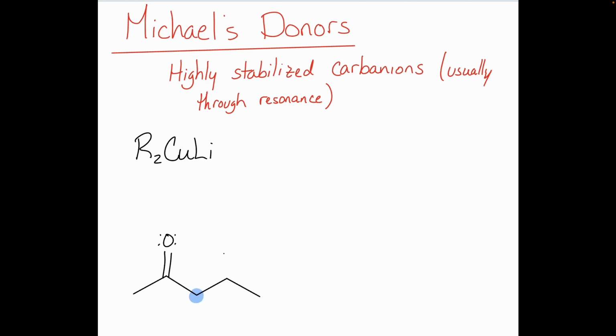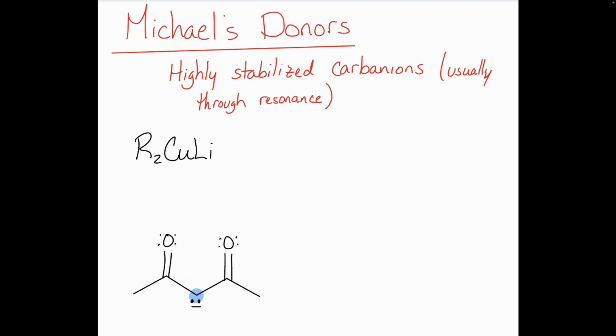But if we sandwich that alpha carbon between two carbonyl groups, it drops the pKa down to about 7, much, much more acidic. And so this would be this highly stabilized carbanion that we have here, stabilized by resonance, not just with one of these ketone groups, but with two of them.